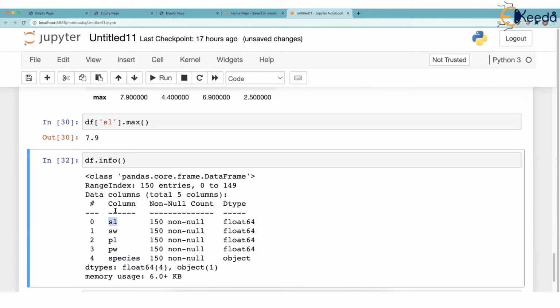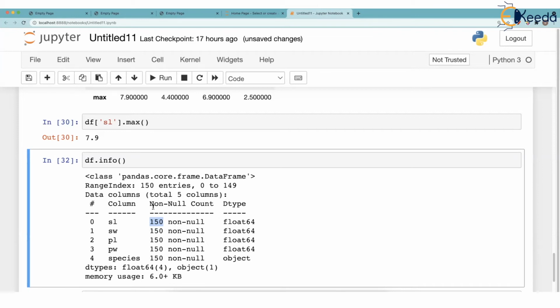Now you see SL is the name of the column. And then it says how many non-null values are there. Recall, if some value is missing, Hannah, then you will get less than 150 here. It says there are 150 rows and exactly 150 values in the SL column.